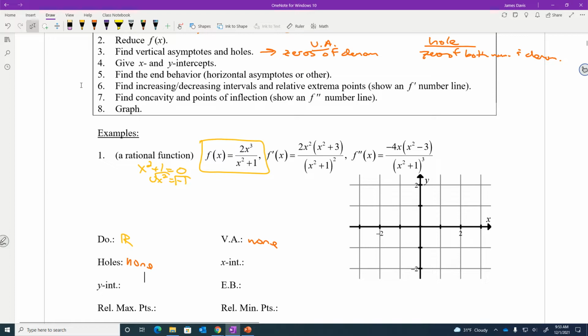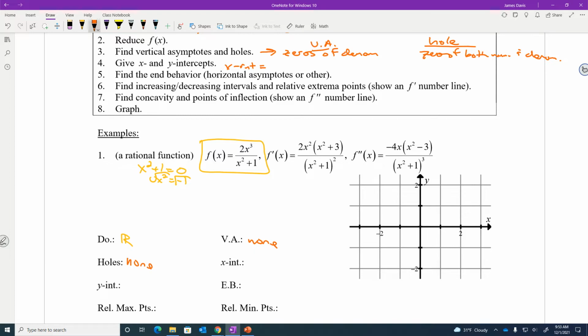So the x-intercepts, what do we do for that? Generally, if you find an intercept, you want to plug 0 in for the other variable, right? So you would plug 0 in for y. Well, what's going to make this thing 0 is just going to be the 0 of the numerator.